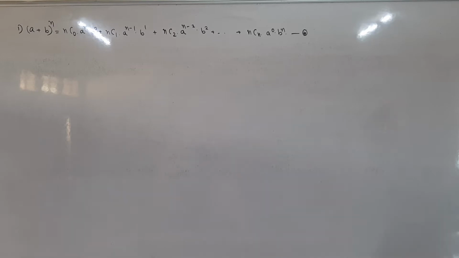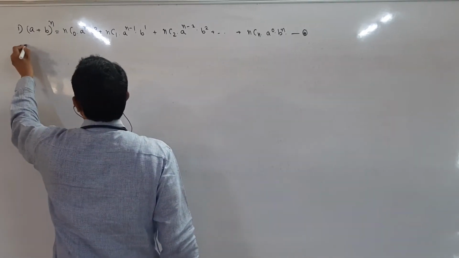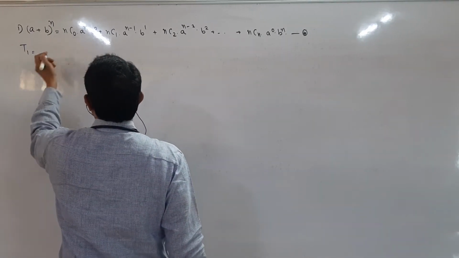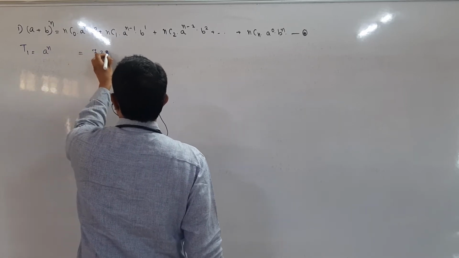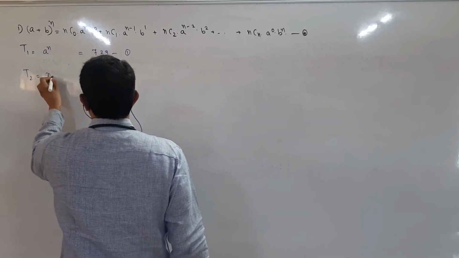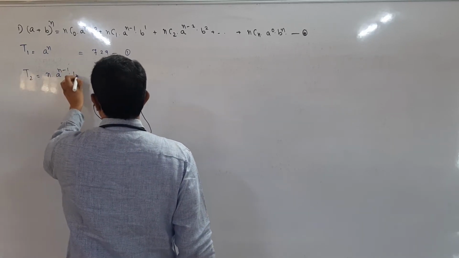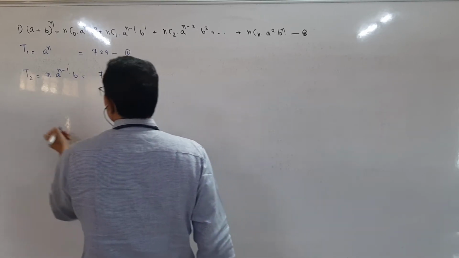Now the first three terms t1, t2, t3 are given. So the first term is t1 and nC0 is 1. So this is a^n, and that is 729, equation 1. Second term, nC1 is n, a^(n-1) b. This is 7290, result 2.